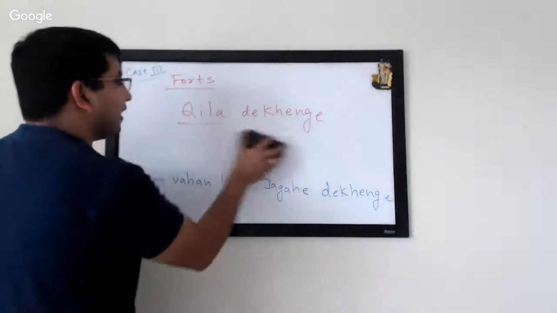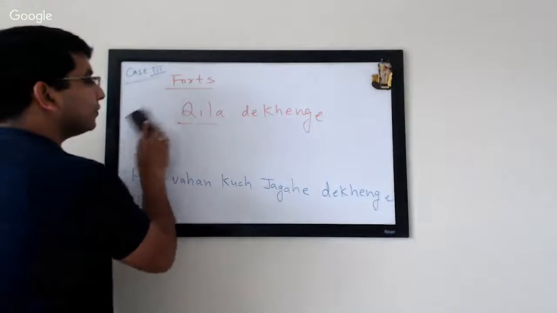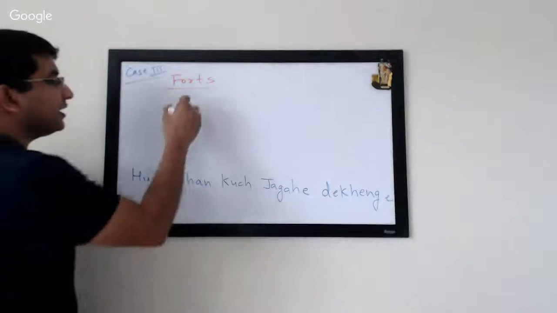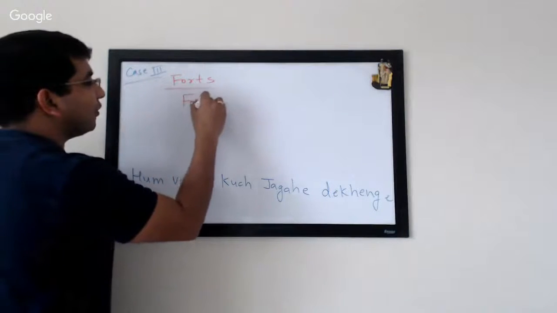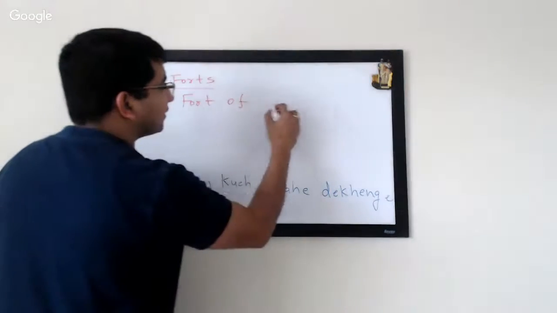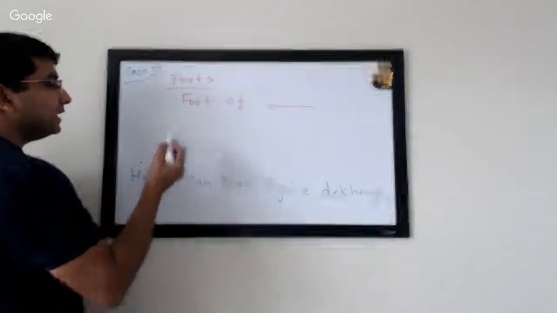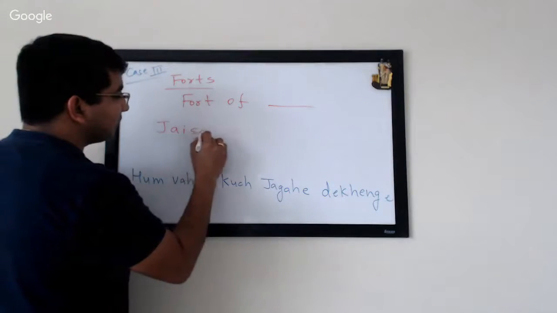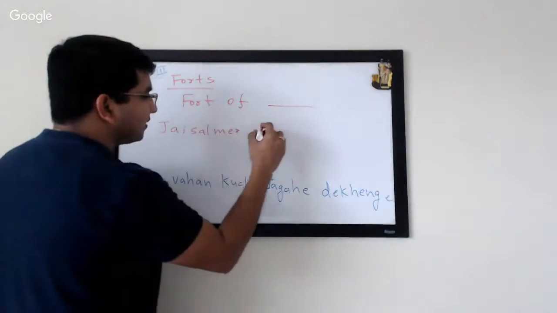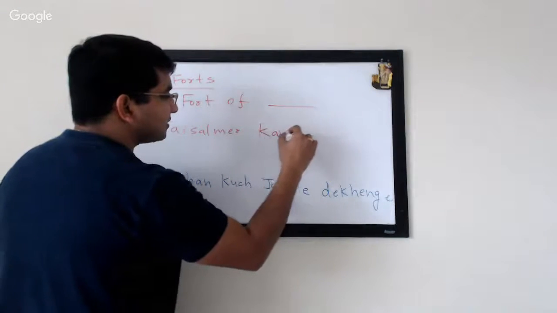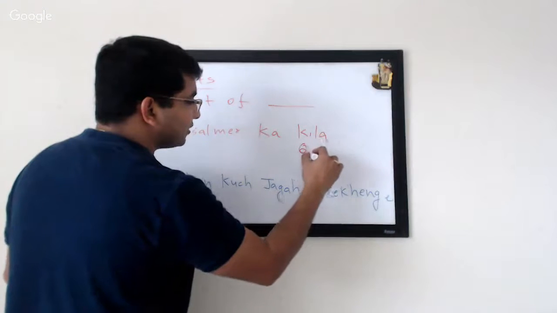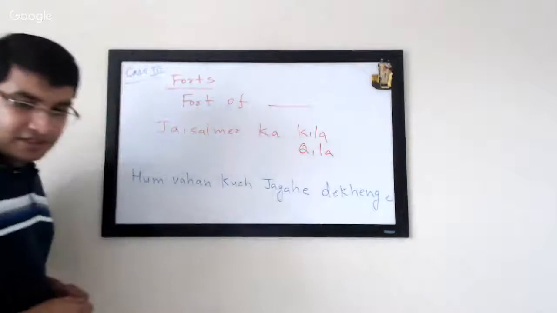One of the interesting things is that in English you will say fort of something, right? In Hindi it will be said as Jaisalmer, which is a place, ka kila, Jaisalmer ka kila.